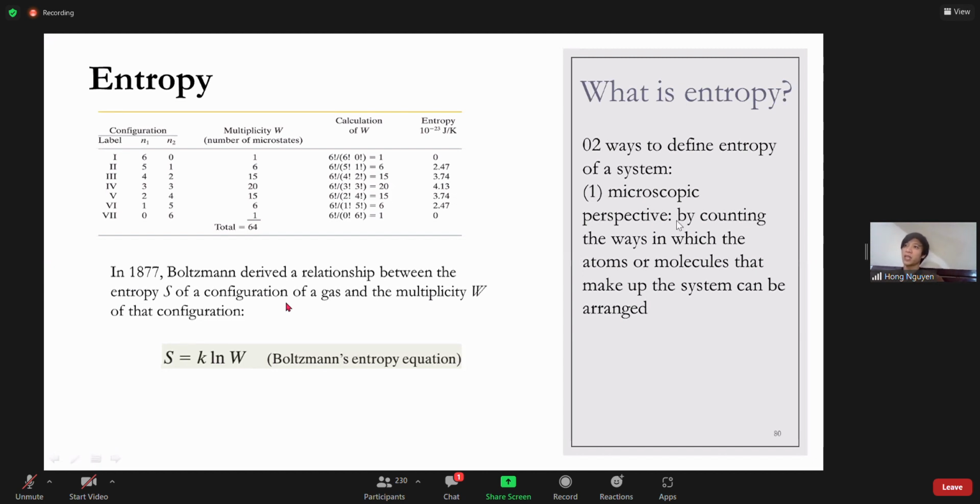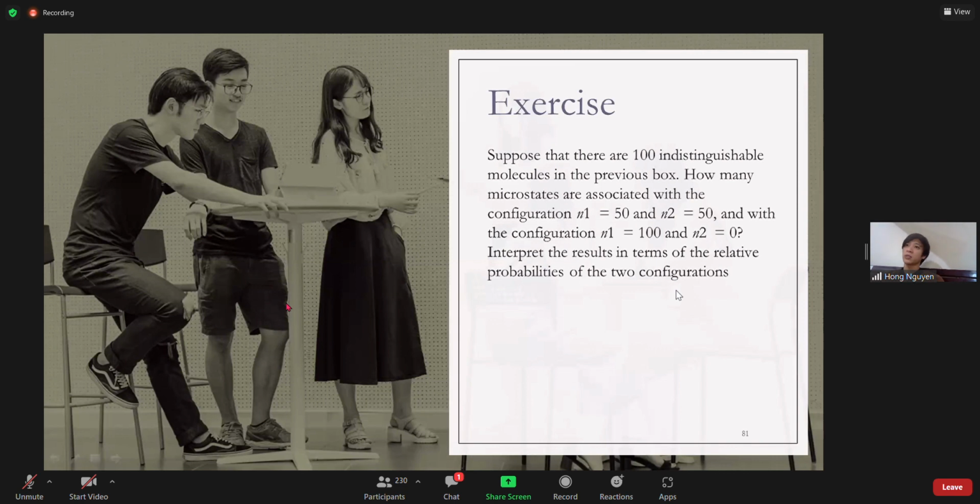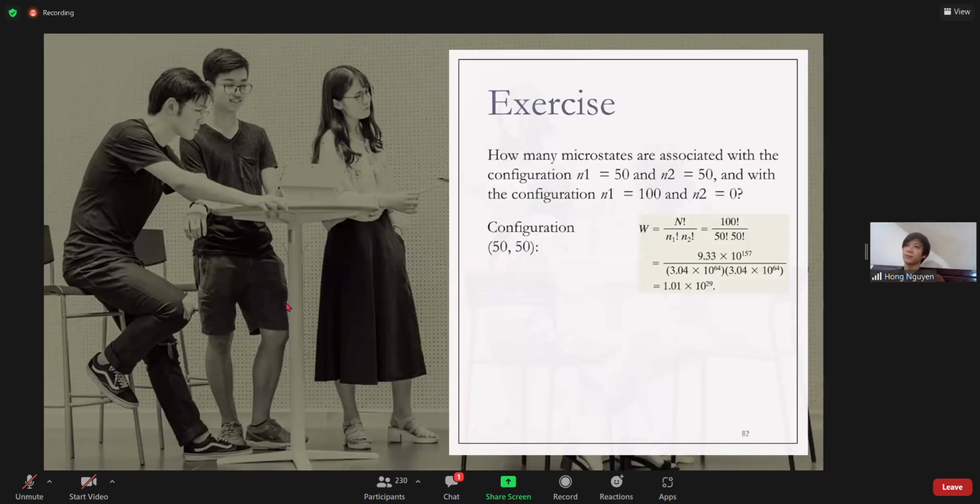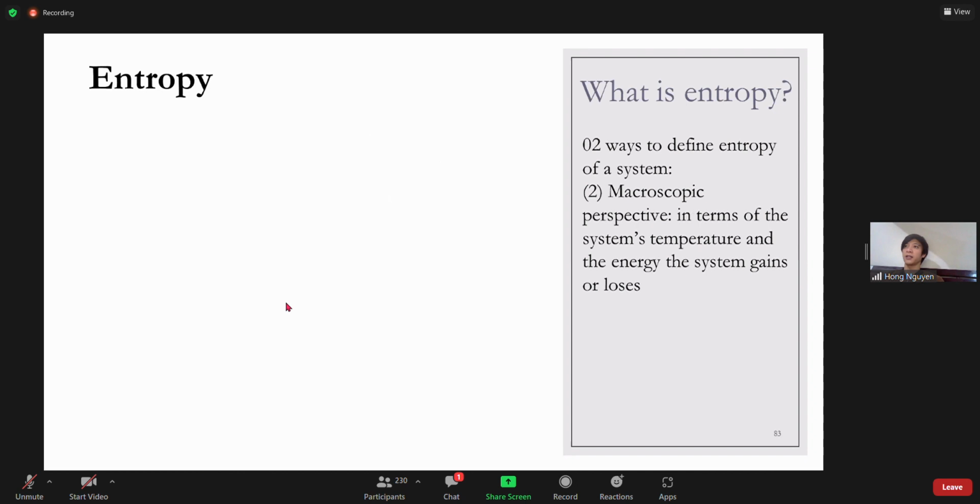What we need to pay attention to in the framework of this year is the second way to define the entropy of a system, the macroscopic perspective. So we define the entropy in terms of the system's temperature and the energy that the system gains or loses. This is the main focus in the framework of the first year.